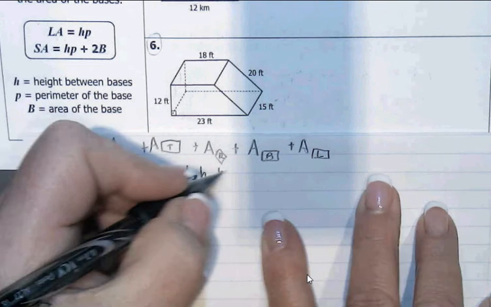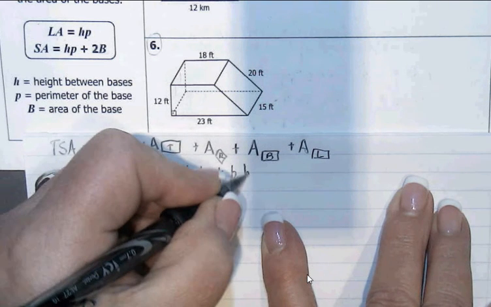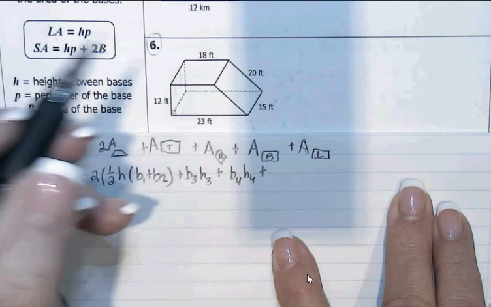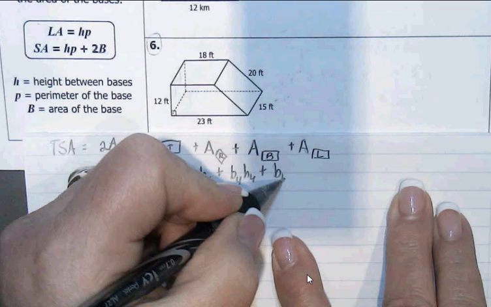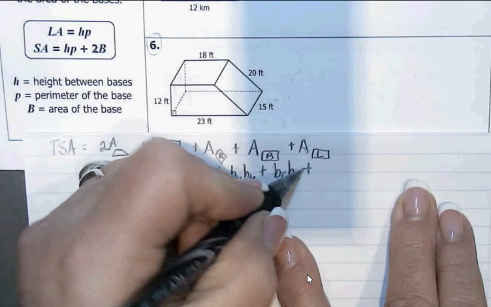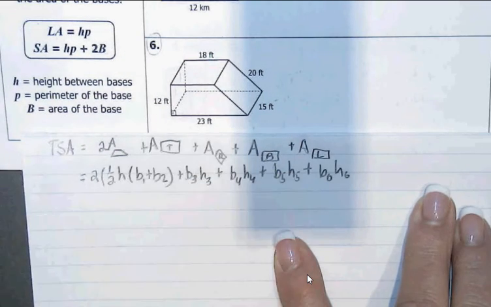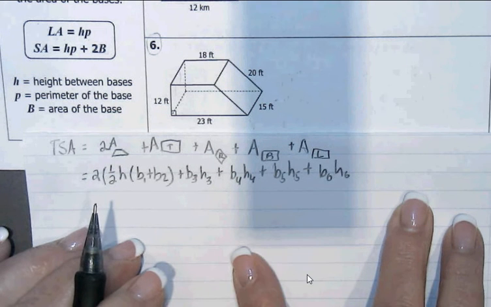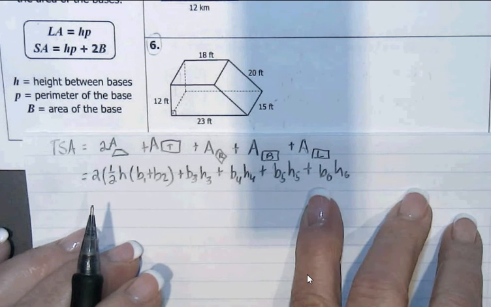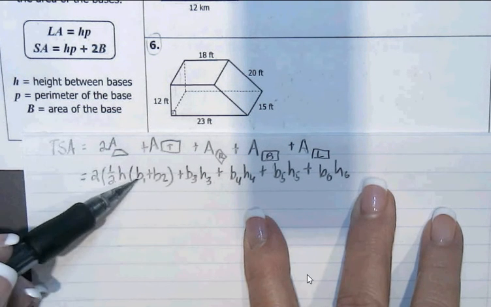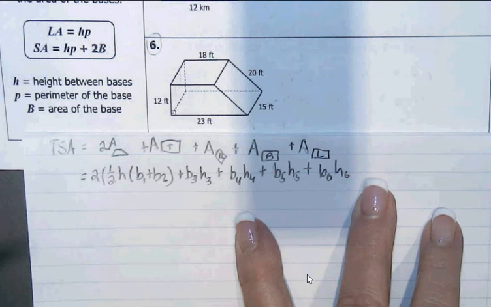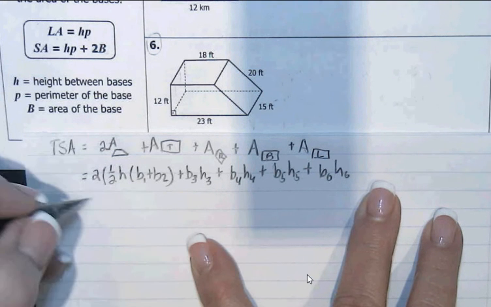And for the one on the right, we'll call that base 4 times height 4. And for the one on the bottom, we'll call it base 5 times height 5. And for the one on the left, we'll call it base 6 times height 6. And honestly, it's really not necessary to put all these subscripts in, but I just don't want you to be confused that these B's might all be the same value, because they're not.